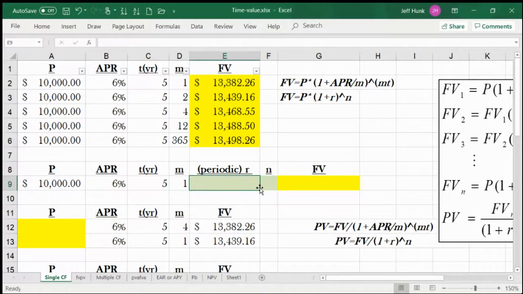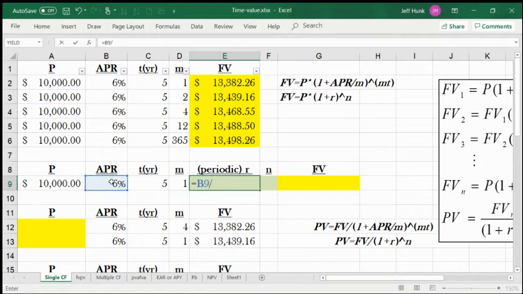But I have two more columns, and these additional columns have labels like periodic R and N. So what does that mean? Well, that means I want to put R, periodic rate, and N there.